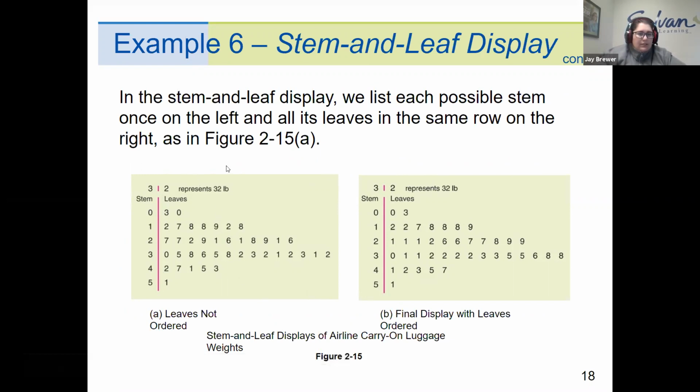So this is how the stem and leaf works. You always have to have this little thing up at the top. That is your key, okay? You must always have a key for a stem and leaf plot.